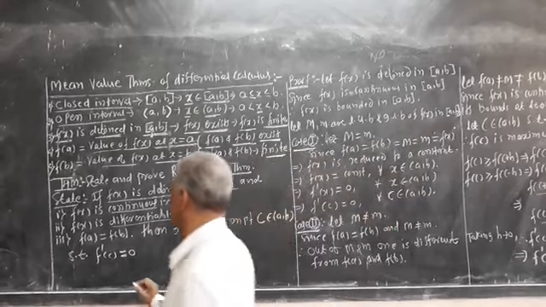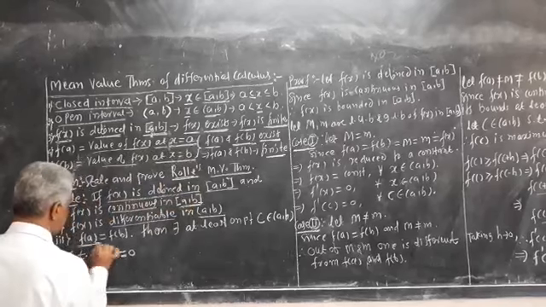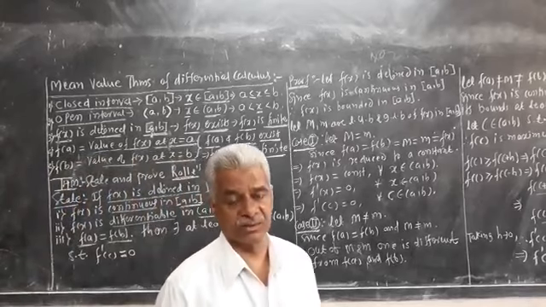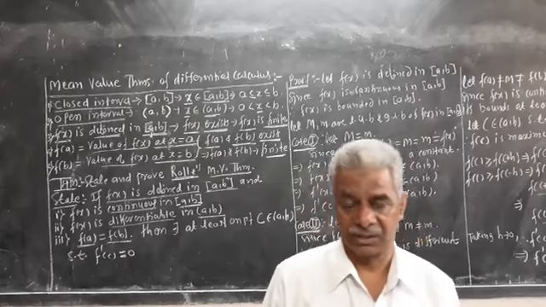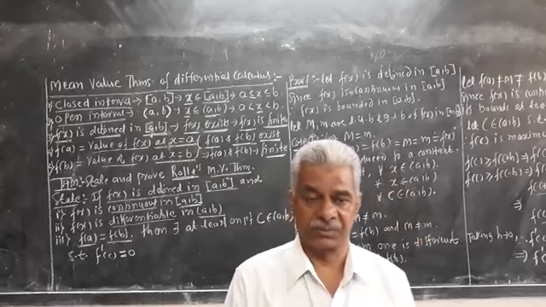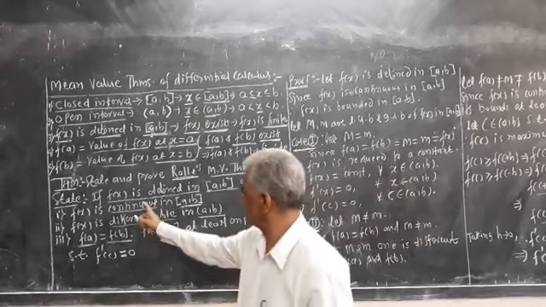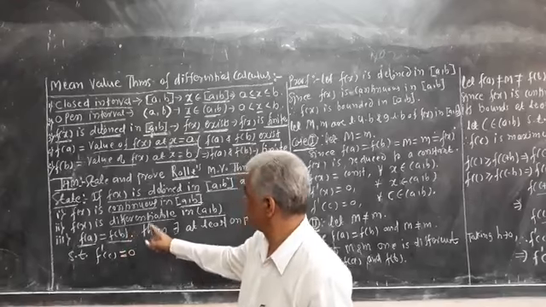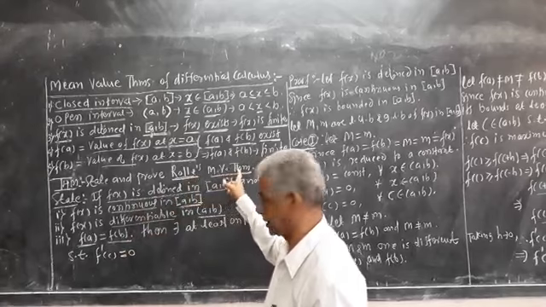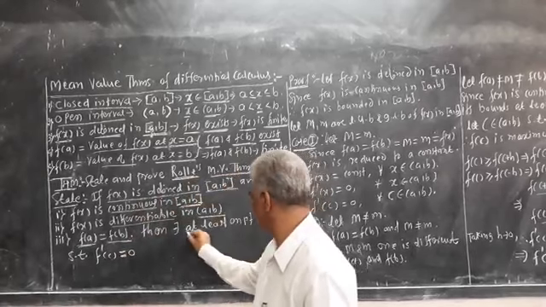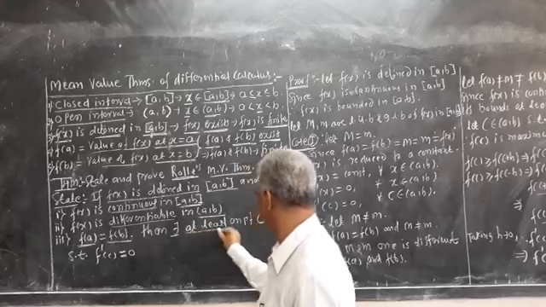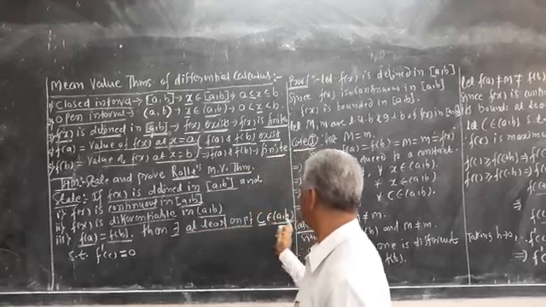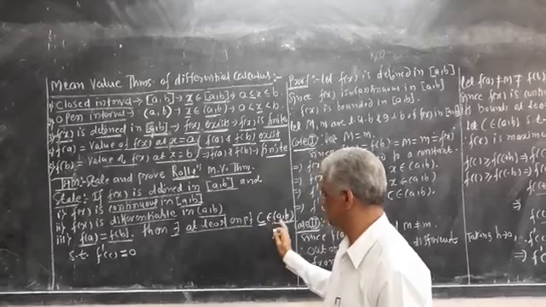And the third condition is that f of a is equal to f of b. And hence, if any function f of x satisfies these three conditions, then according to Rolle's mean value theorem, there exists at least one point c belongs to the open interval a, b.